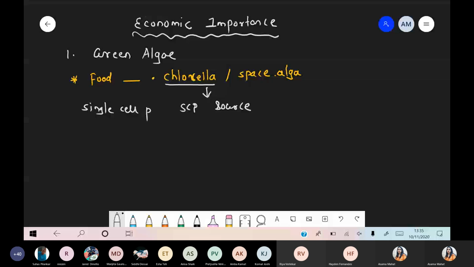Due to that protein efficiency, Chlorella is used by space travelers, which is why it is also called space alga. Got it? Now, the second economic importance, again related to food, is that it is used as a salad.